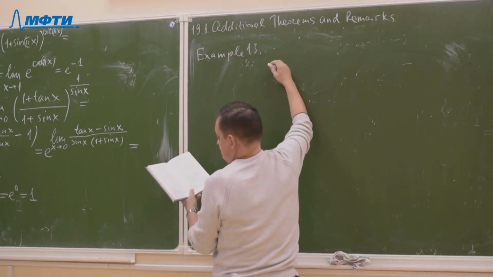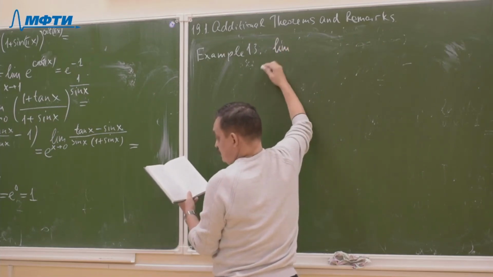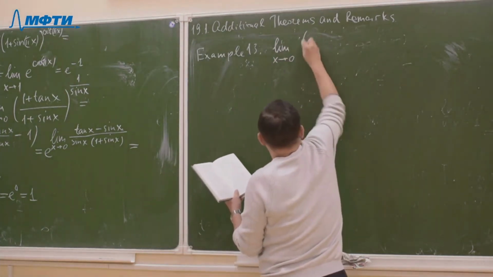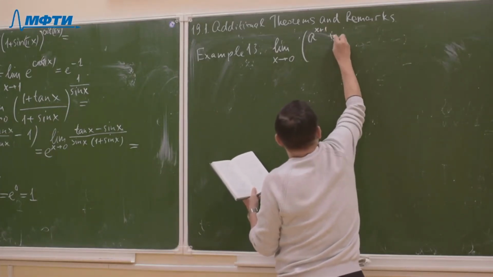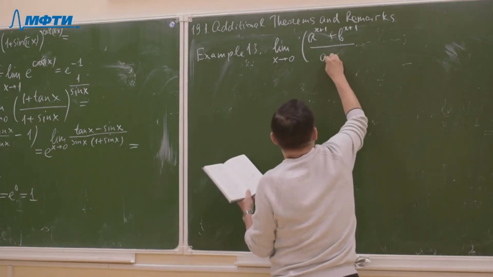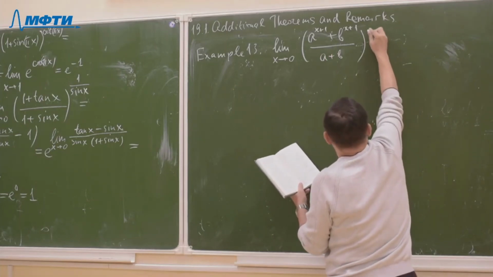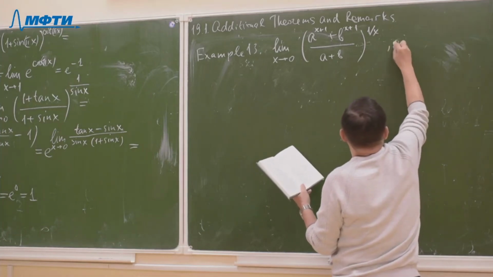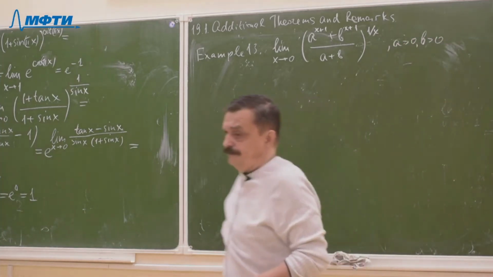Limit as x tends to 0 of (a to the power x plus 1 plus b to the power x plus 1 over a plus b) to the power 1 over x, and a greater than 0, b greater than 0, right?